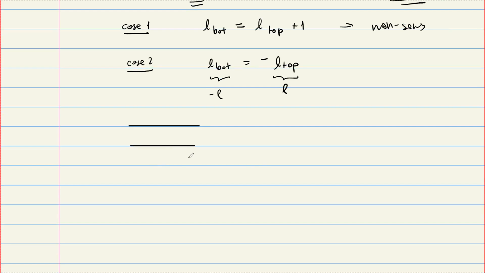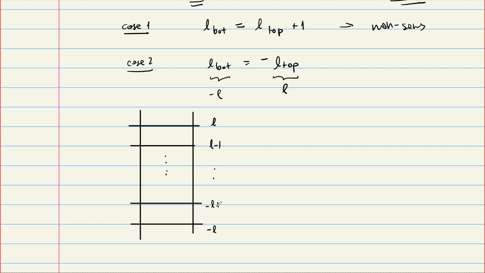So the picture is something like that. You have dot dot dot. So these are our ladder. The top is L, so this is L minus 1 all the way to minus L, so this is minus L plus 1. Good. And from plus L to minus L, we need n steps, right?